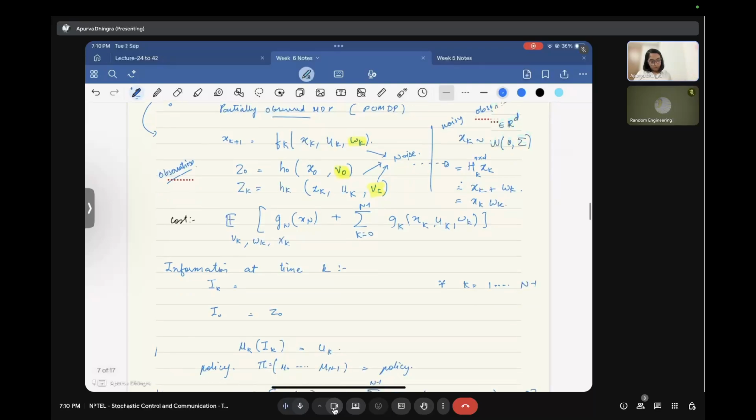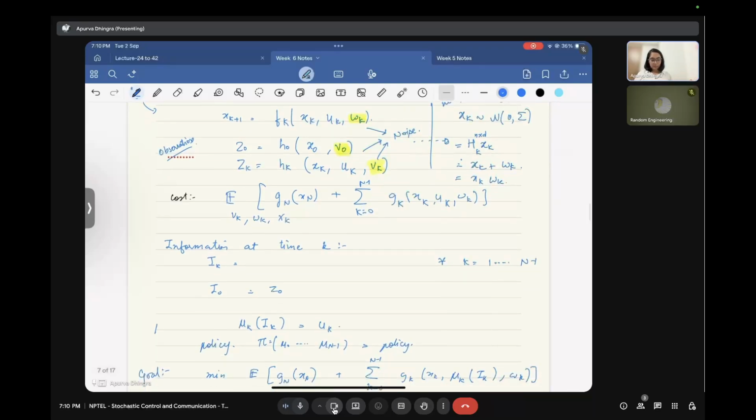Now we are talking about what the information is at any given point of time. So the information IK is, or rather, let's start with I0. I0 means the first observation is known, nothing else.